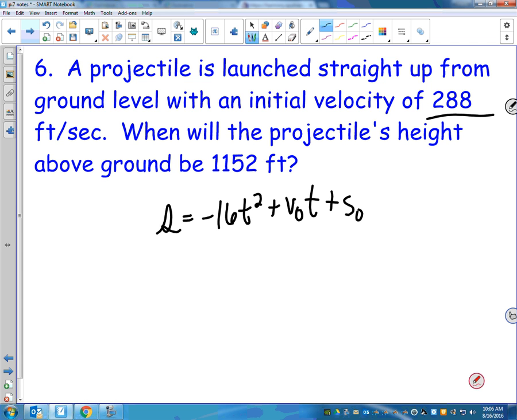Where will we plug 288 feet per second in? Because it's the initial velocity. And what is s sub 0 in this problem? Ground level, because I don't have to add anything here, it's just 0. And then it says, when will the projectile's height be 1,152 feet?